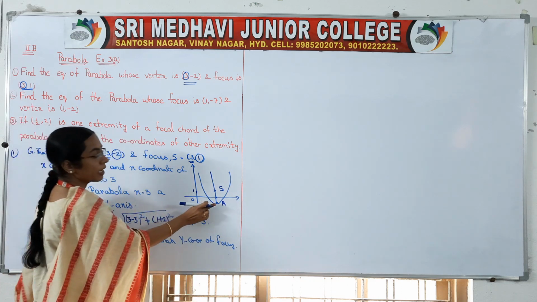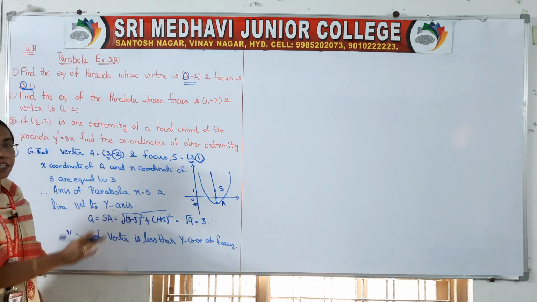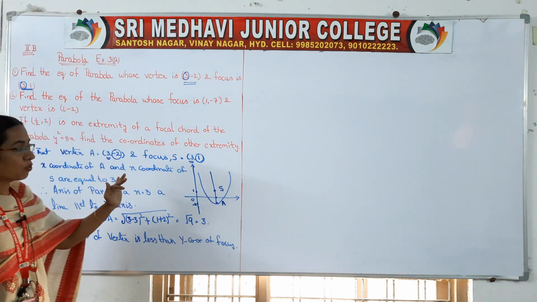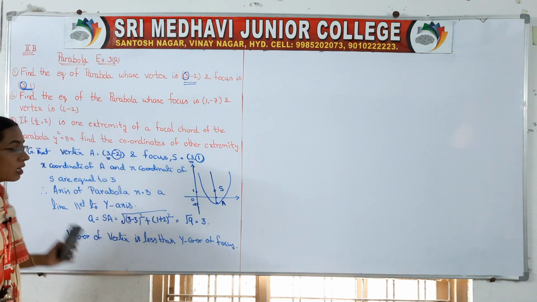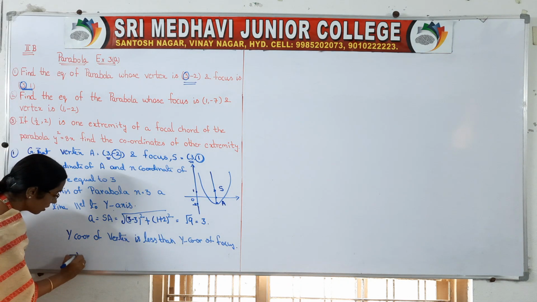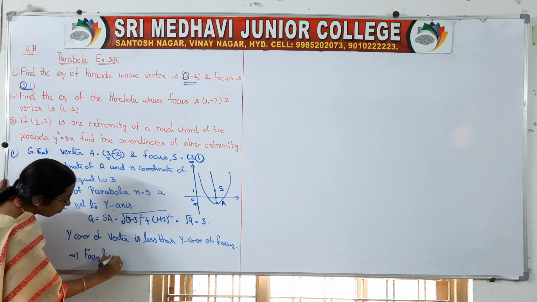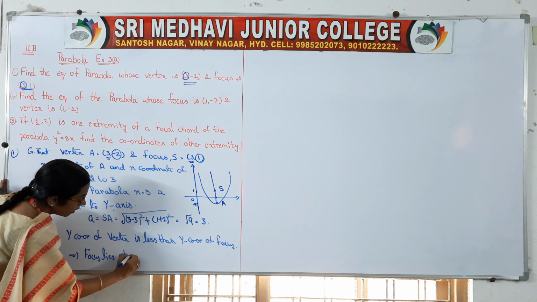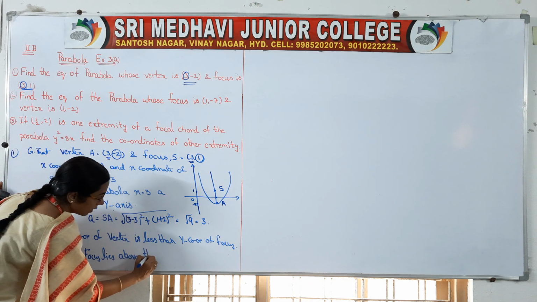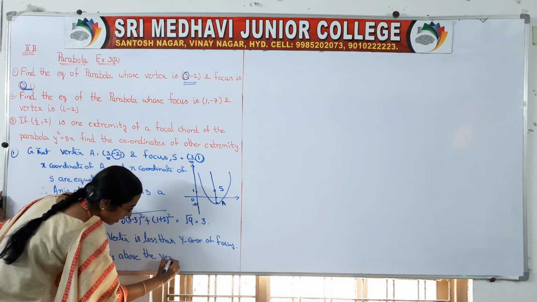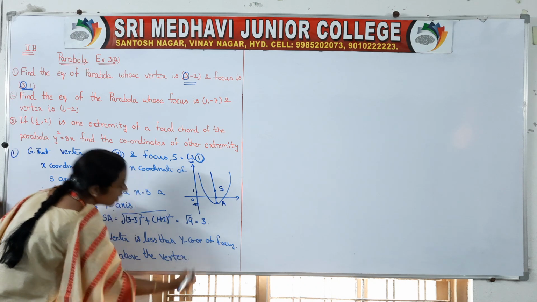So your A's vertex y coordinate is less than the y coordinate of focus. That means focus lies above the vertex, isn't it? So if you observe your diagram, it is above the vertex.